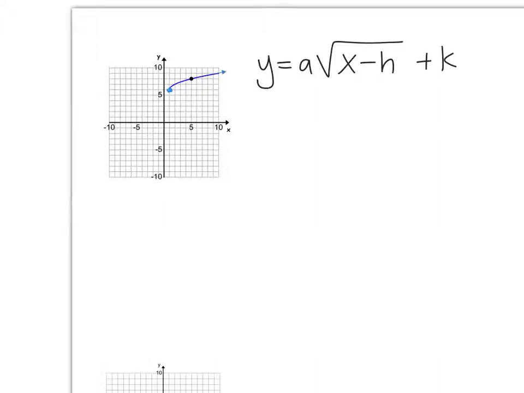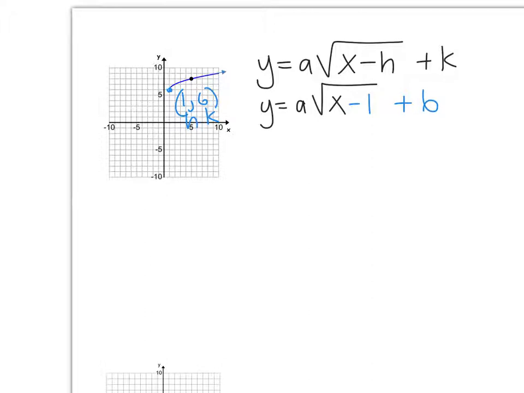We do need our h, k. It's 1, 6. That's our starting point. So -1 and +6. And we do need an extra point so we can find a.